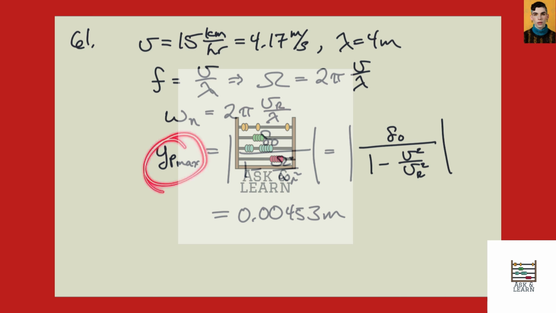So when we're looking for the amplitude of the response, it is 1 over the absolute value of 1 minus the forcing frequency divided by the natural frequency, times the amplitude of the excitation, which we were told is 50 millimeters.